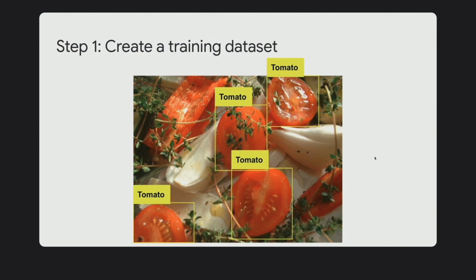You can start with a few hundred photos or images from your own domain, and label the objects that you want to detect from those images. So for example, in this image, I labeled 4 tomatoes, writing down where the objects are in the image and the label of each object.